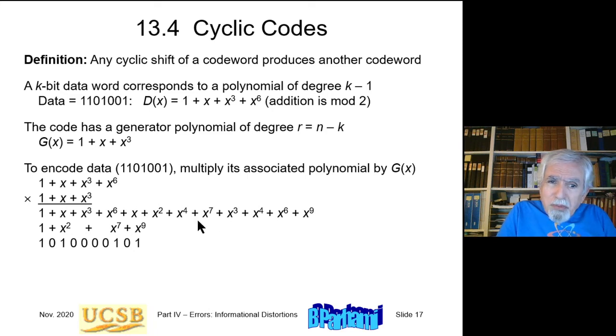This x cubed cancels this x cubed. And we get this. So this is the encoded version of that data word. The polynomial corresponding to this encoded version is 1 plus x squared plus x to the fourth, x to the fifth, x to the sixth, plus x to the seventh, x to the eighth, plus x to the ninth.